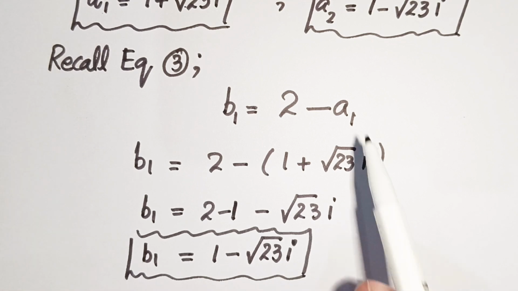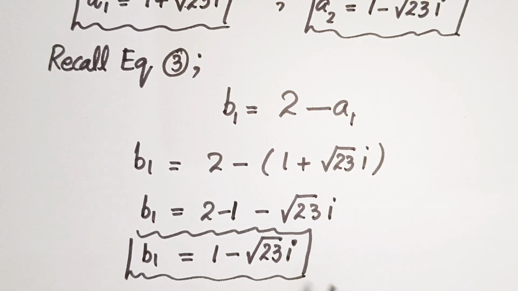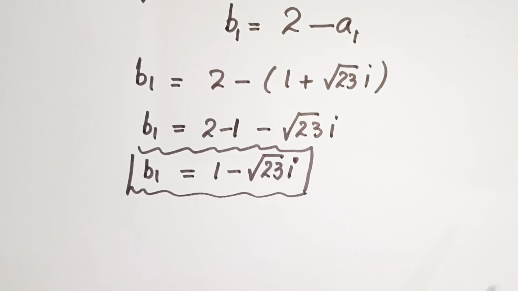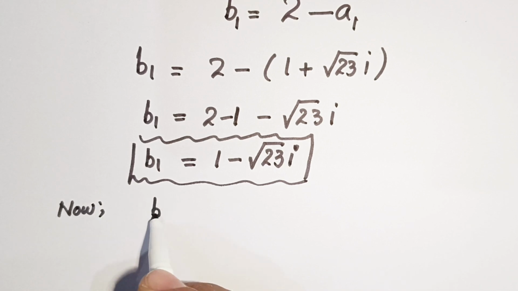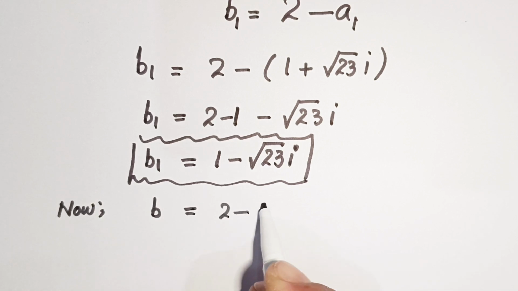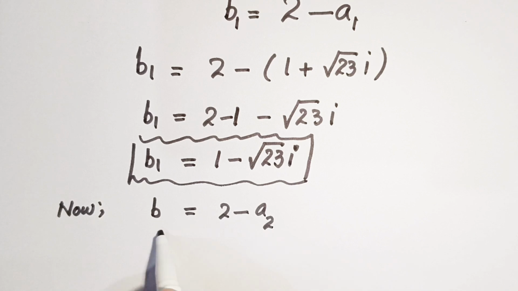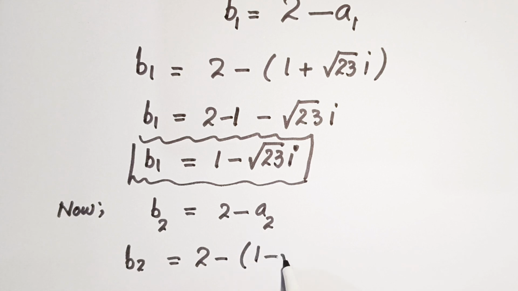Now we have to put this a2 in the same equation number 3. So we have here b is equal to 2 minus a, it is our equation number 3. So putting a2, it will be b2. So b2 is equal to 2 minus a2, which is 1 minus square root of 23i.